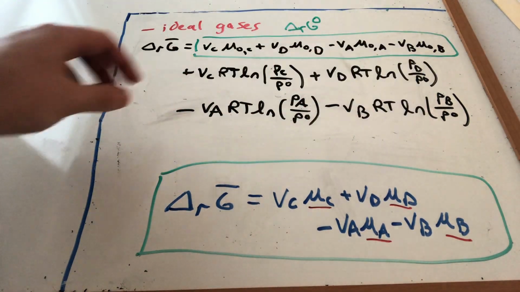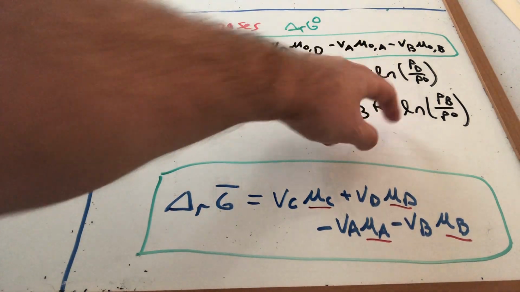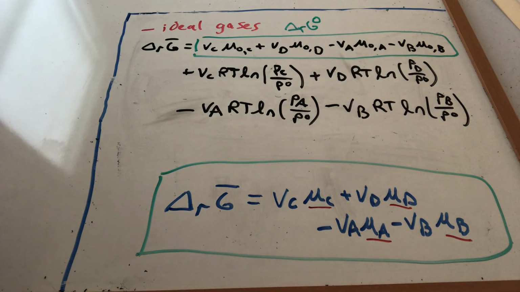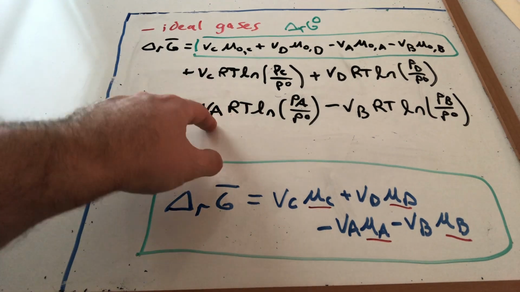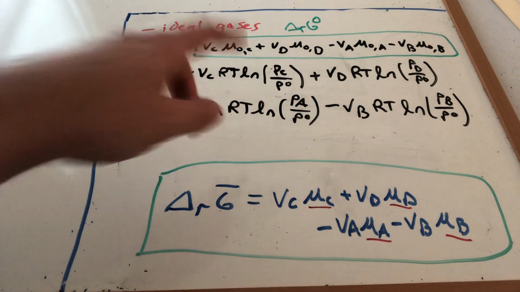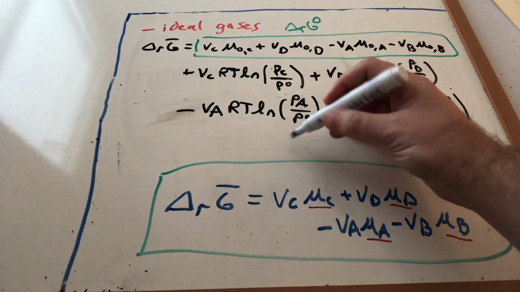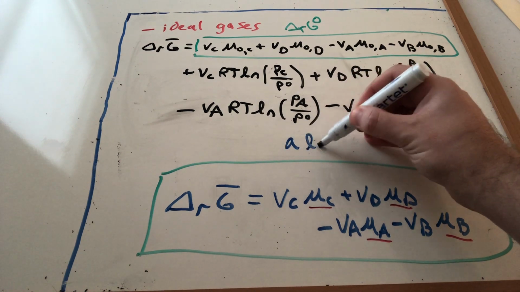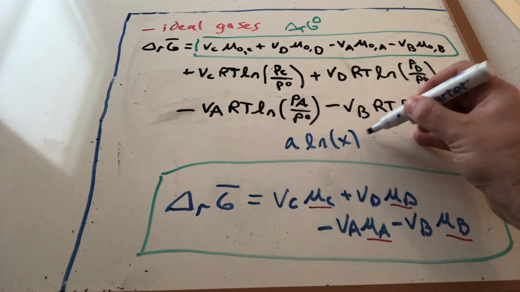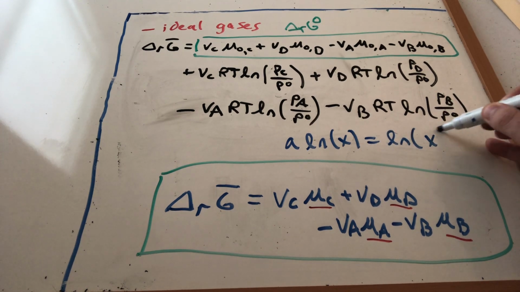For these natural log terms, we can also simplify. Each one has an RT associated with it that we'll be able to pull out, right? Each one has, all right, a stoichiometric coefficient out in front. But remember, and I'll just write it down to remind you, if I have a times the natural log of x, I can write this as the natural log of x to the a.